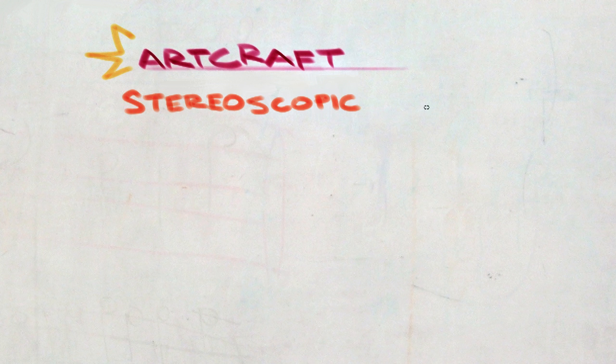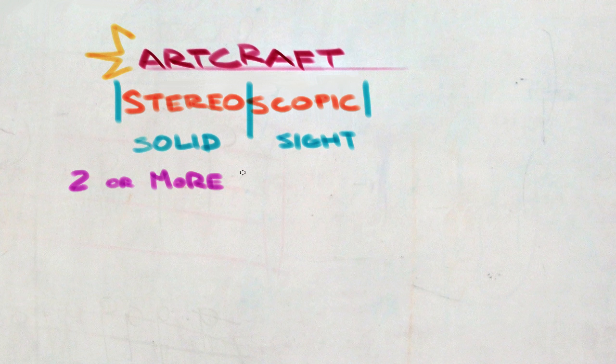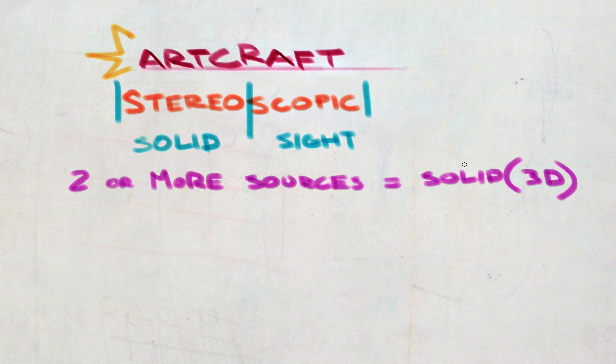In this episode, we're going to be making stereoscopic art, which roughly translates into solid sight. But more practically, the word stereo just means you have two or more sources for something. So when it comes to stereo surround sound or just stereo sound, that means you have two or more speakers, each giving out a different source.